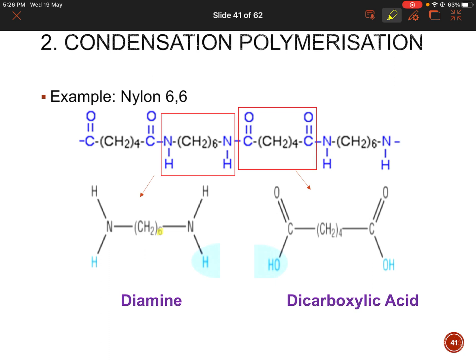This carbon has 4 plus 1 plus 1. So that's why it has 6 carbon atoms. So it's called nylon 6,6. Okay, that circle I'm showing you, that is the water that was eliminated during the condensation reaction.